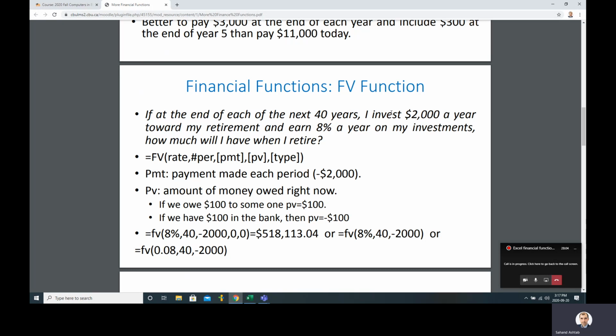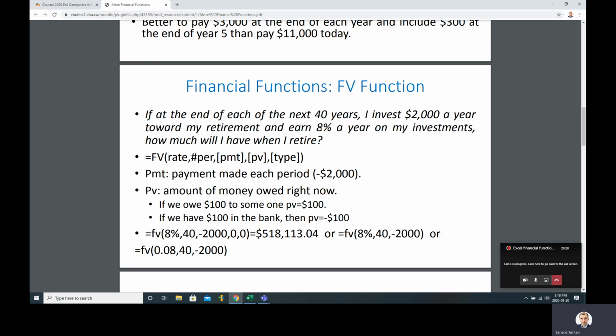You want to know what these $2,000 payments that you're making on a yearly basis will actually become as a lump sum, as a total after 40 years. You will shortly be amazed to see how significant an amount it becomes, which is right here that we have calculated. It's around $500,000.